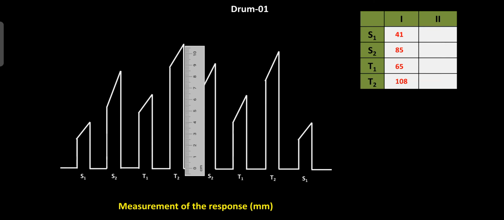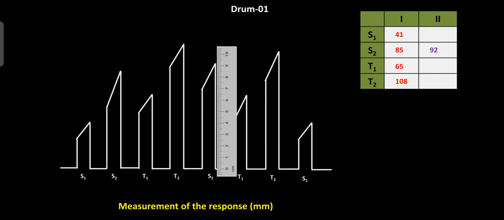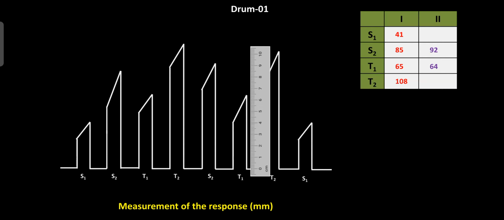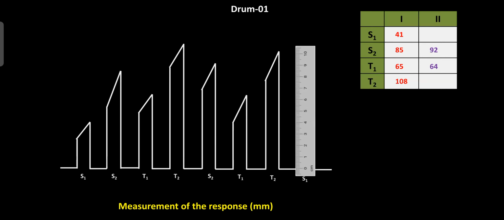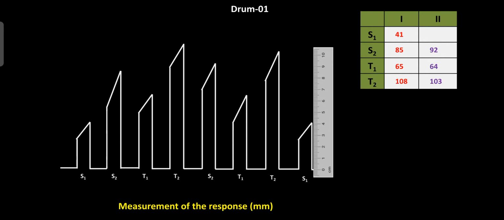After that, go for set 2: S2 response is 92 mm, then T1 response is 64 mm, then T2 response is 103, then S1 response is 41. So these are the responses in mm of set 2 according to the Latin square.